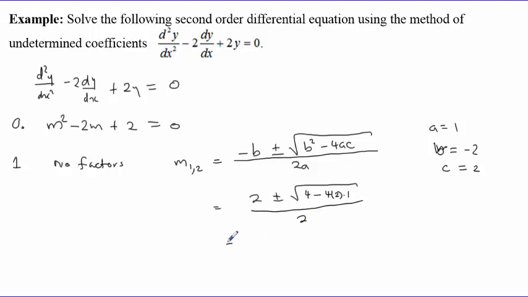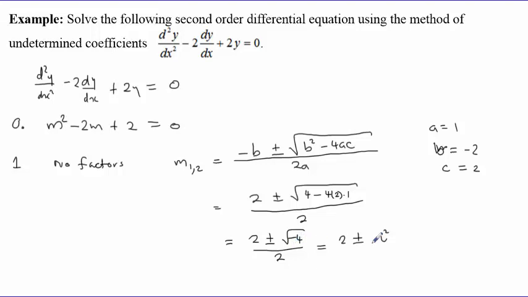And this lands us at 2 plus or minus, and this is 4 minus 8, which is going to give us minus 4, all over 2. And you can see clearly that this lands us at what? At complex roots.